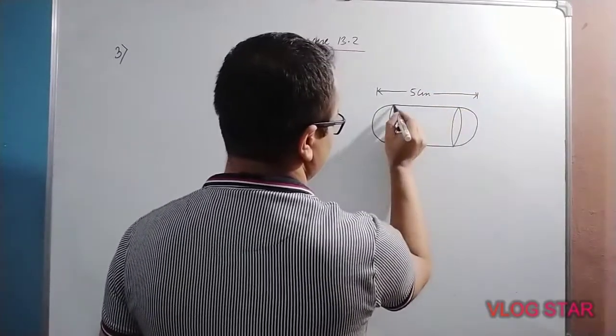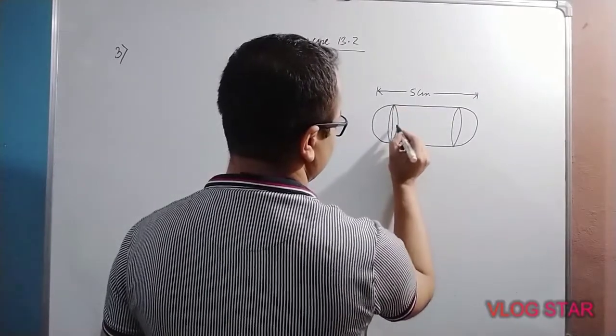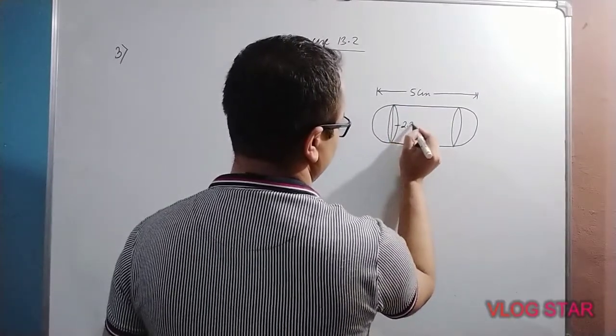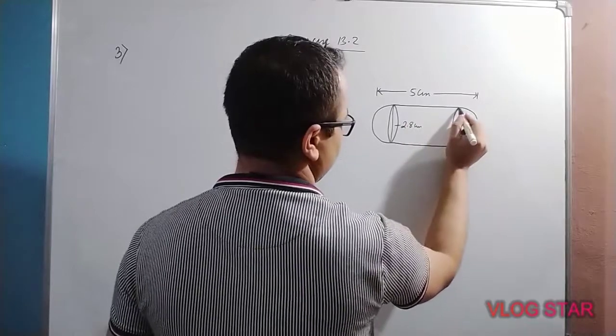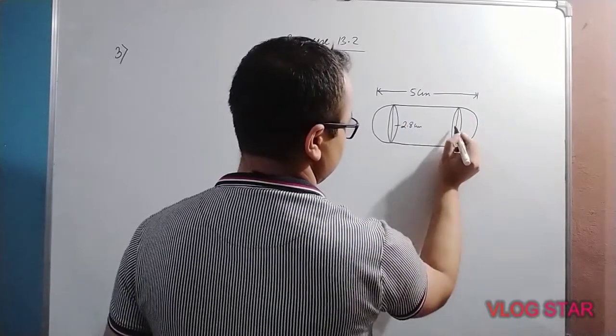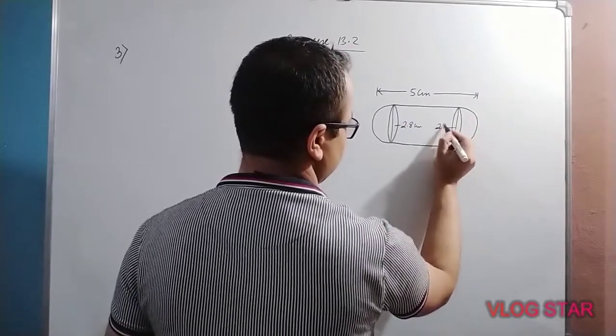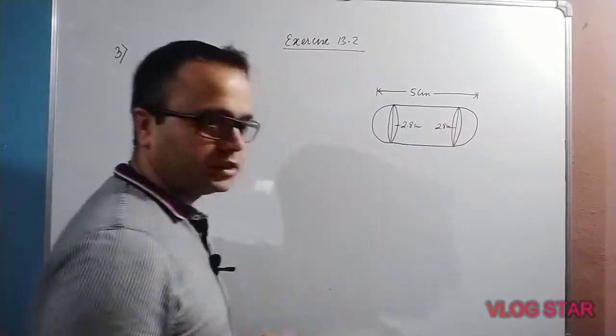The diameter is 2.8 centimeter, here also 2.8 centimeter. Now first we will calculate the radius.